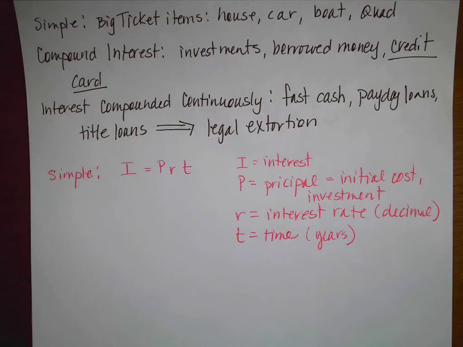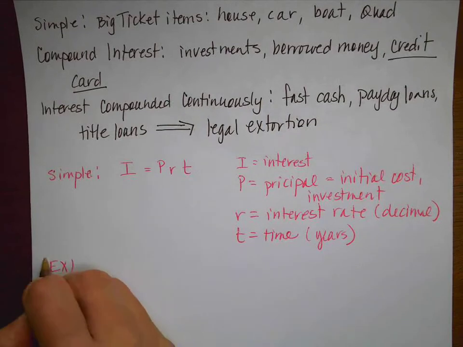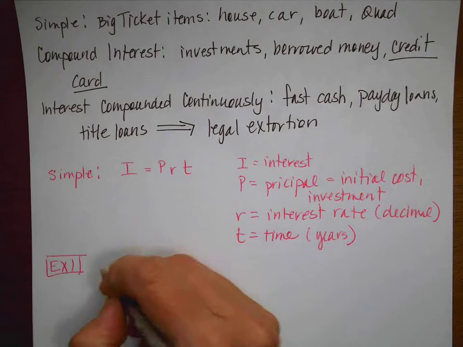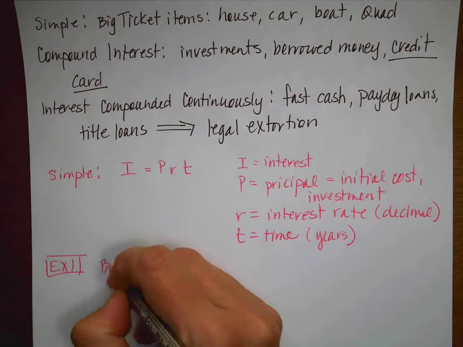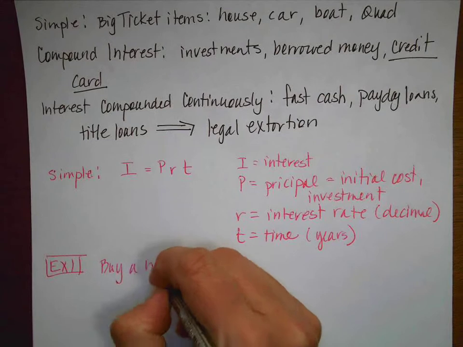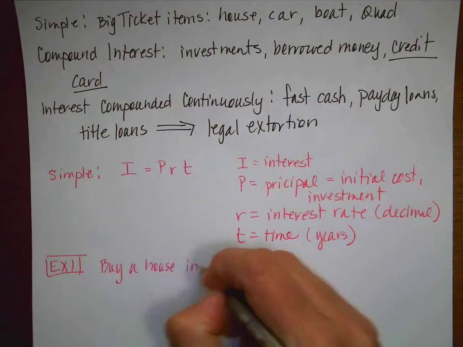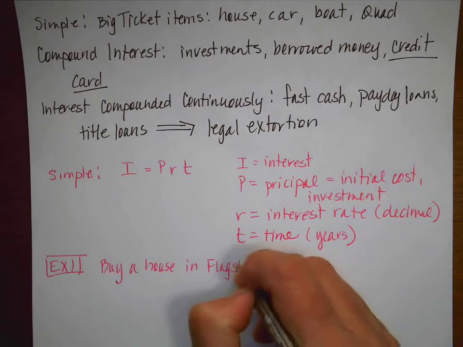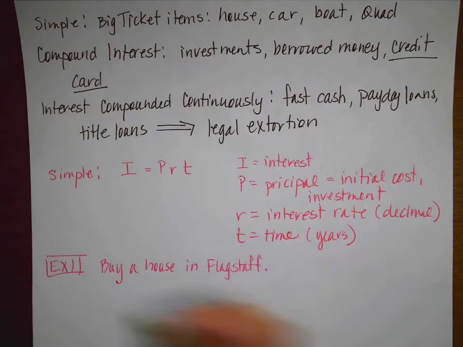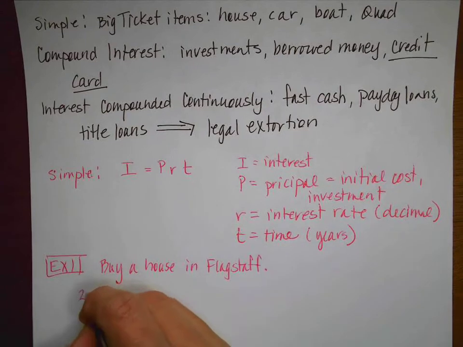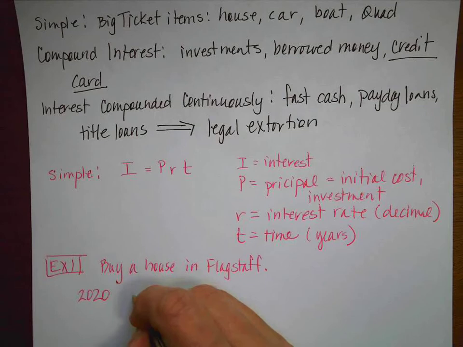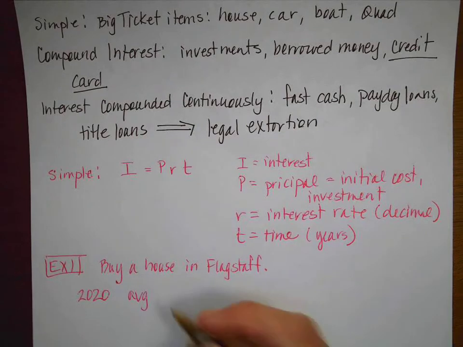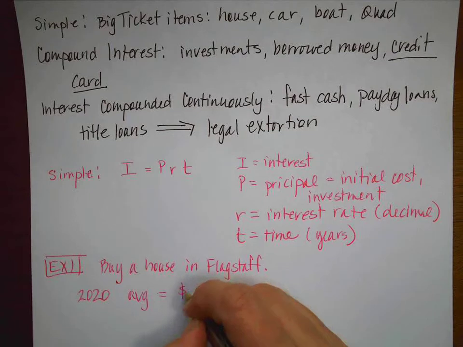Okay? All right, so let's do an example of simple interest. This will be our first example. Let's buy a house in Flagstaff. In 2020, I did a little bit of research, and I found that the average cost of a house in Flagstaff is $450,000.